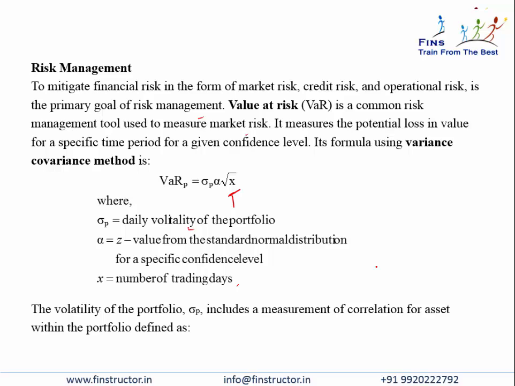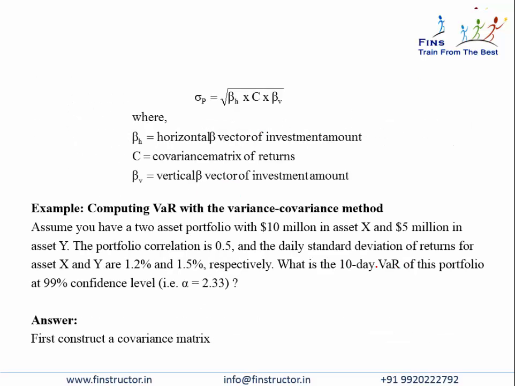So how does correlation come into the picture? We know that the volatility of the portfolio includes correlation between the assets of the portfolio in its calculation. And we also studied that the lower the correlation, the lower is the sigma of the portfolio. Another shortcut method of calculating sigma is the square root of the transposed vector of the investment amounts multiplied by the covariance matrix of the returns, multiplied by the vector of investment amounts.